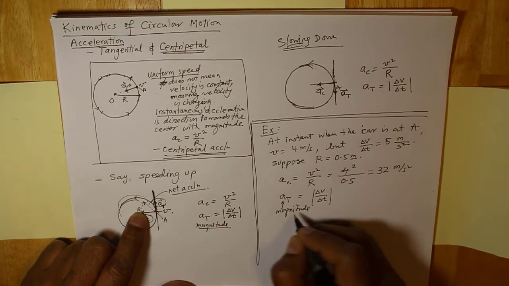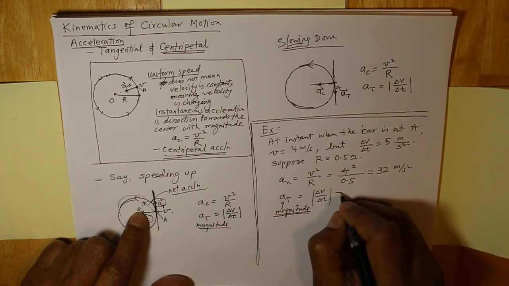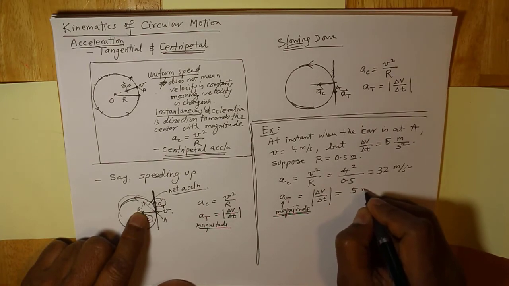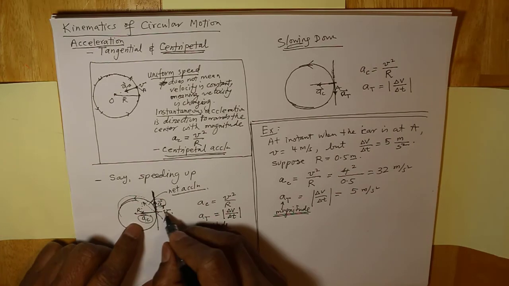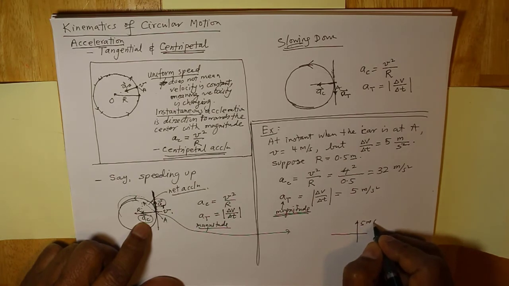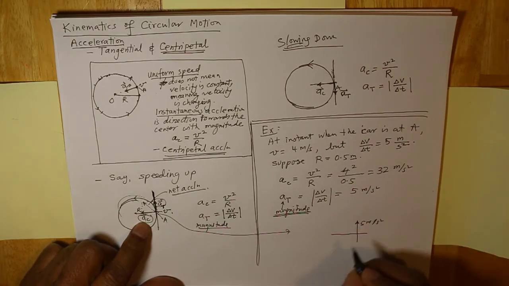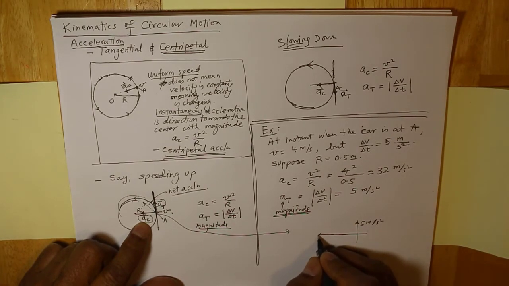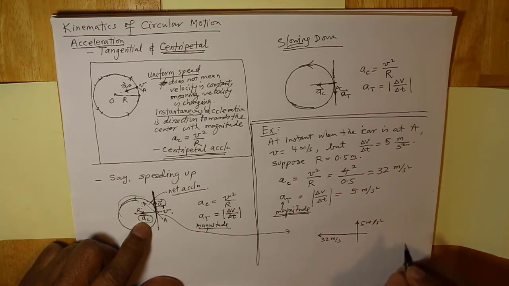We always think of magnitude as a positive number. It's going to be 5 meters per second squared. So if I'm looking at this instant, this is 5 meters per second squared if it's speeding up, and this is 32 meters per second squared.